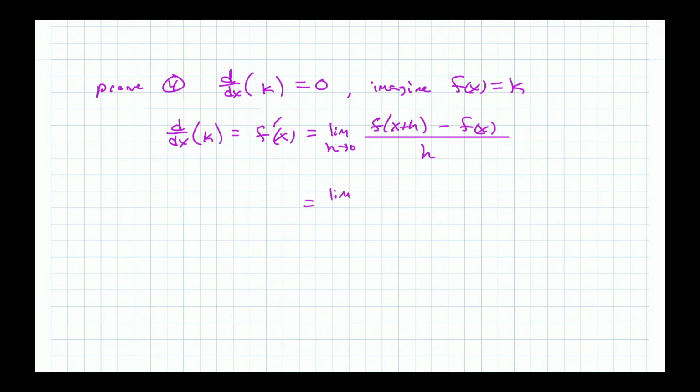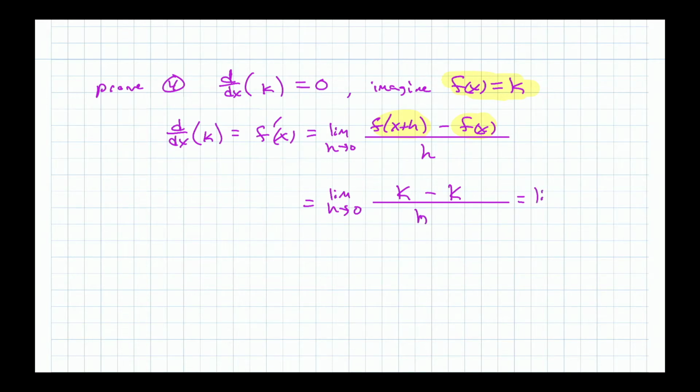Now the thing is, we've got a function here, an f of x, where the function is just k. So what is the f of x plus h? It's k. What is the f of x? It's k, over h.